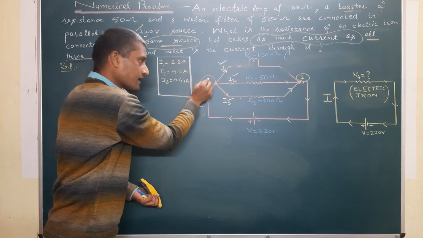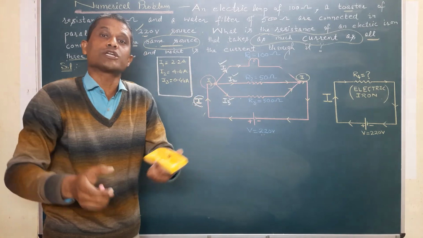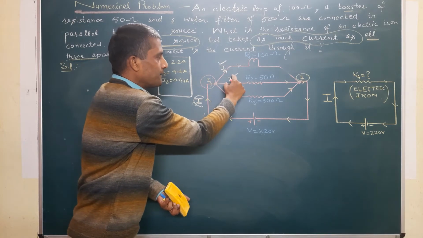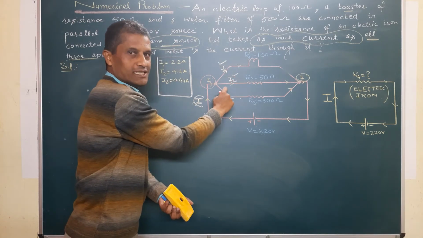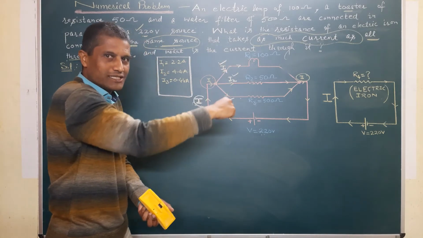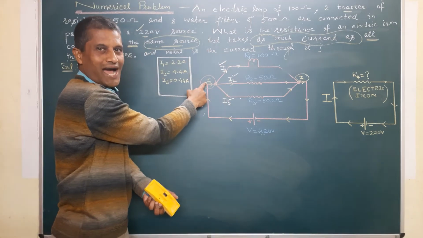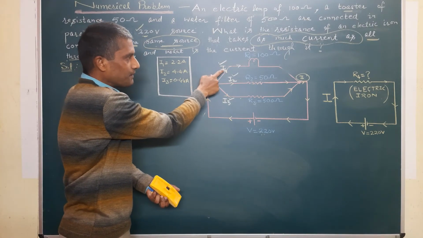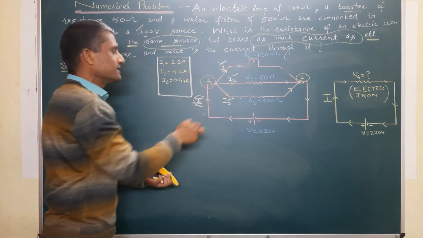It means the current I, which has got distributed in the form of I1, I2, I3, when added, comes out to be I. That is, total current I is equal to I1 plus I2 plus I3.